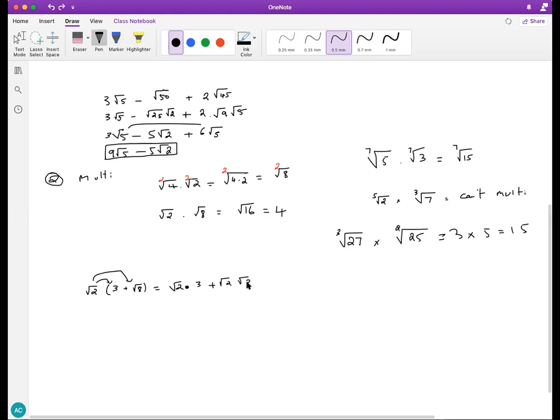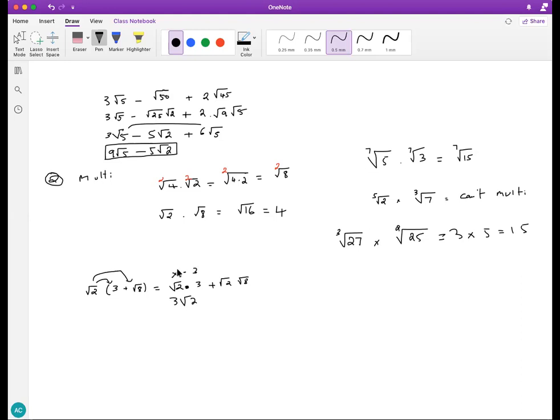So again, when you multiply radicals, you want to check the index. As you can see, these two do not have the same index because they're not both radicals. This one is a radical, index 2, but this one is not. So basically, you just say 3 radical 2. Think of it as x times 3, for example.